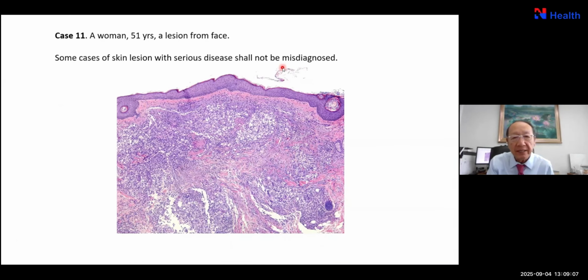Some cases of inflammatory skin lesions shouldn't be misdiagnosed at all by general pathologists, like this case, a woman 51 years old, with a lesion from the face. It has a lot of inflammatory cell infiltrate in the dermis with no specific pattern, or you can call it a nodular diffuse pattern.